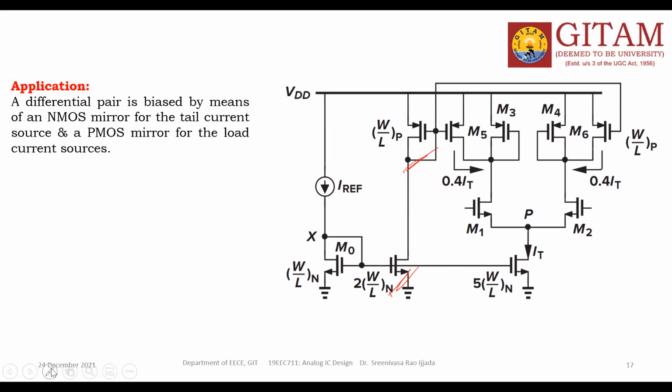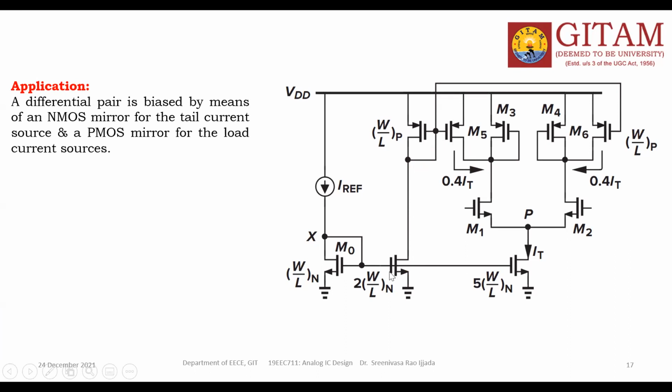This is the M0 transistor. This is M0, M1, M2, M3, M4, M5, M6.